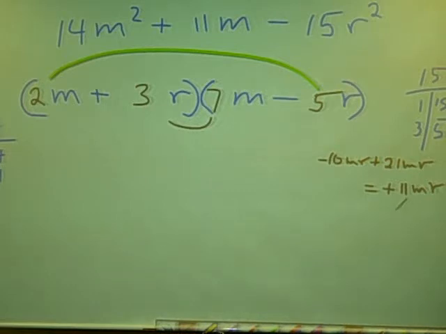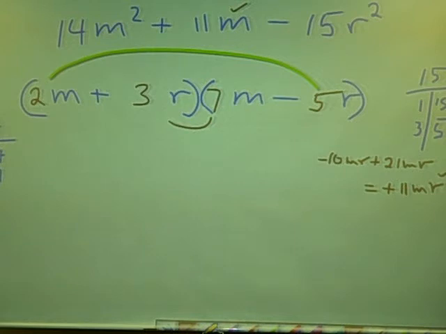Well, we got lucky. It doesn't always work. But if it doesn't work, then what do you do? Start over again. Maybe keep the 2 and 7, but switch the 3 and the 5, or the other side.